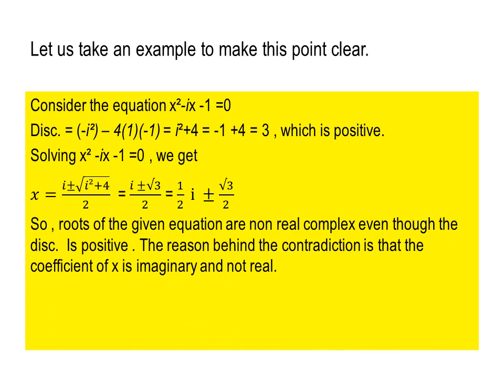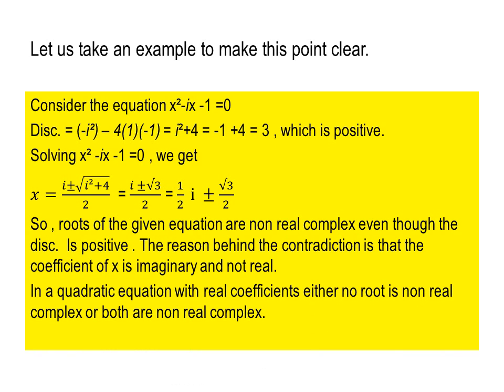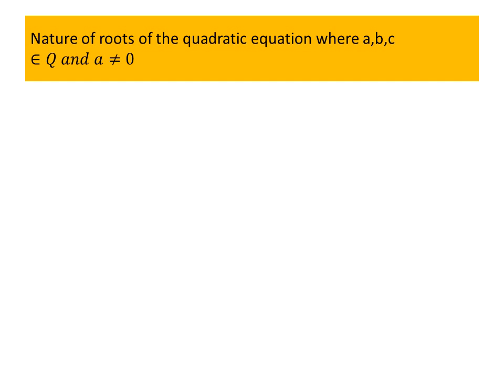From here we get one point clear, that the roots of the given equation are non-real complex even though the discriminant is positive. The reason behind this contradiction is that the coefficient of x is imaginary and not real. So, in a quadratic equation with real coefficients, either no root is non-real complex or both are non-real complex.